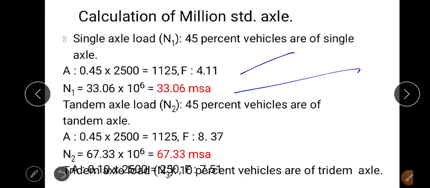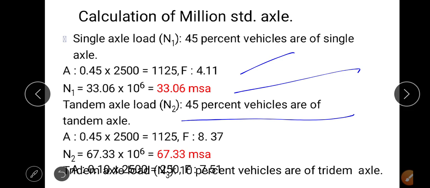Tandem axle load N2, 45% vehicles are of tandem axle. A is 0.45 into 2500, 1125. F is 8.37. N2 is equal to 67.33 into 10 to the power of 6, that works out to be 67.33 million standard axles.